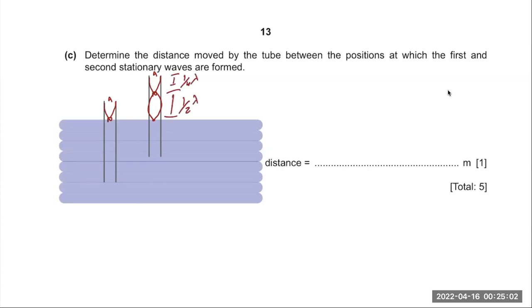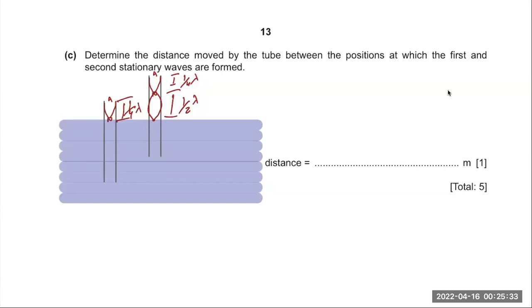And the question is, how much distance has the tube moved? So the tube started over here and it moved half a wavelength. It was initially quarter of a wavelength out, and then it has moved half a wavelength out, a total of 0.75, as you said.